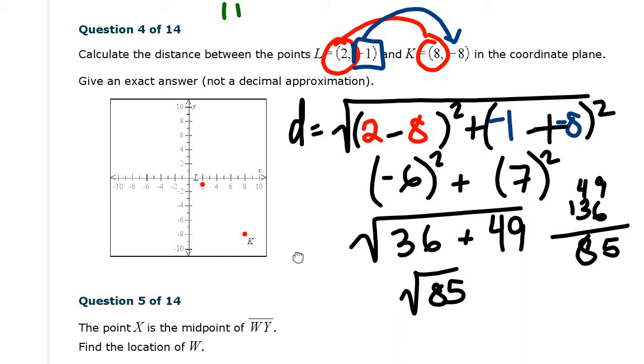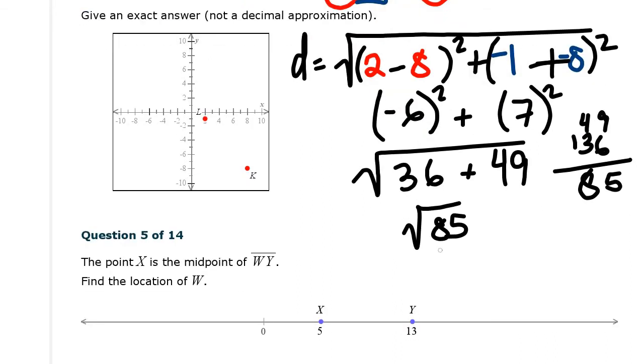Now, you want to factor. Let's double check. Obviously, 5 goes in there. 5 goes into 8 one time, with 3 left over, it's 17. 5 and 17, both those numbers are prime, so you have no dates. Your final answer here for the exact is distance equals root 85.